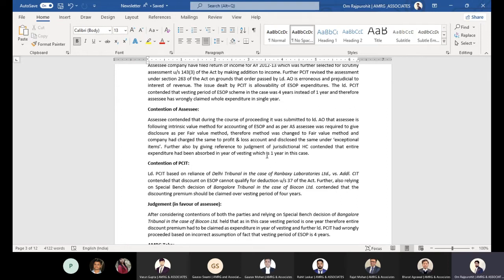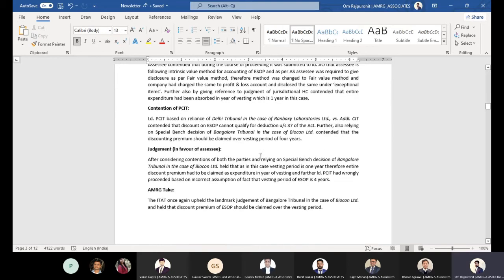This matter was decided by a special bench of Bangalore, and held that since in this case the vesting period was only 1 year and not 4 years, the basic condition is that the ESOP expenditure should be allowed during the period of vesting. Since in this particular case the vesting period is 1 year, there is no contravention of the earlier judicial precedent, and accordingly the whole expenditure should be allowed in the year of vesting, which is 1 year.